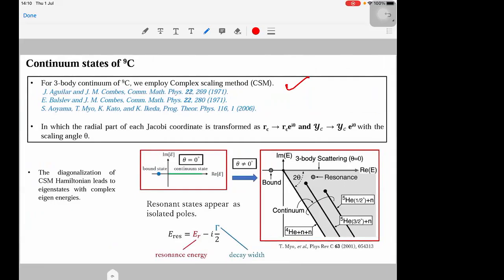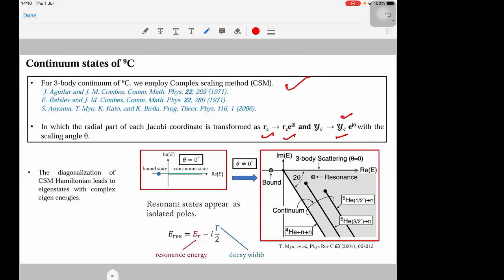In this method, the radial part of each Jacobi coordinate is transformed using these transformations with the scaling angle theta. Once we have the scaled Hamiltonian, the diagonalization of that complex scaled Hamiltonian leads to eigenstates with complex eigenenergies.